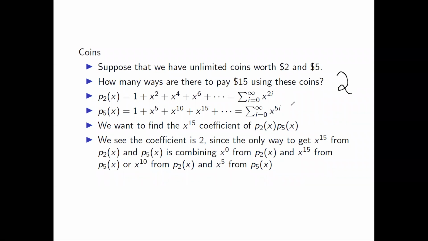So the only ways that we can make $15 using these coins is we can do 5 times $2 plus 1 times $5, or we can do 3 times $5. And those are the only ways we can make 15 using just $2 and $5 coins.